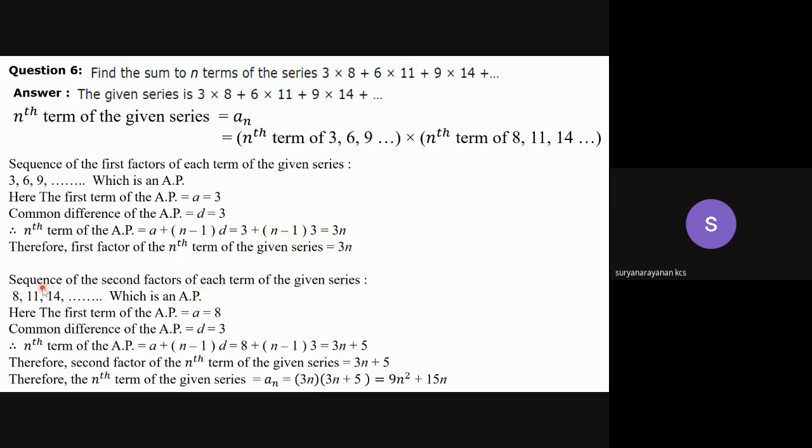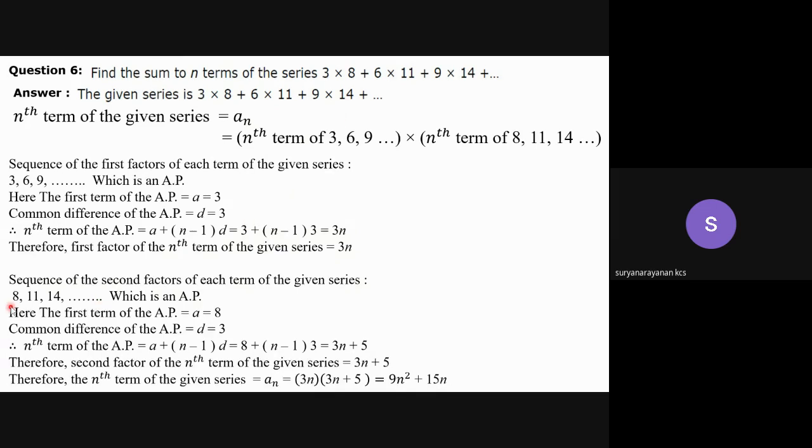Now come to the second part, the sequence of the second factors of each term of the given series. What are the second factors in each term? In the first term, the second factor is 8. In the second term, the second factor is 11. In the third term, the second factor is 14.